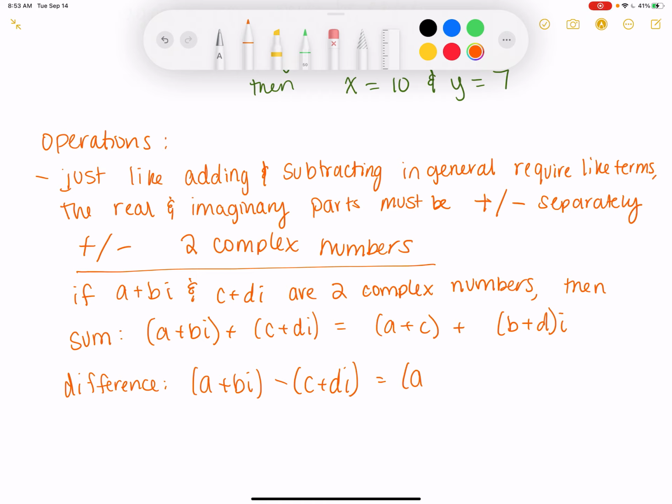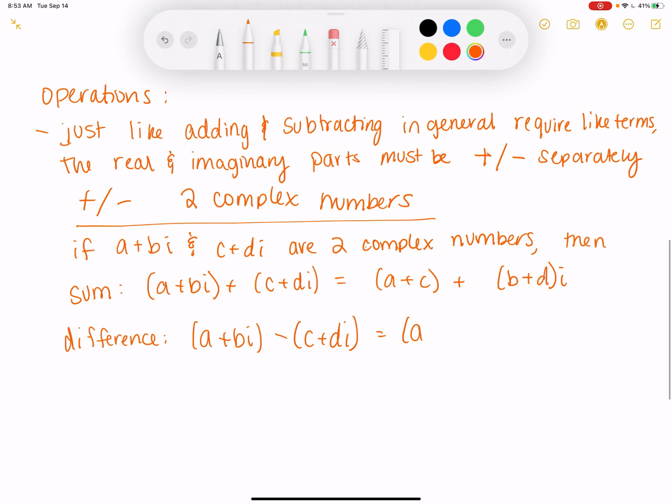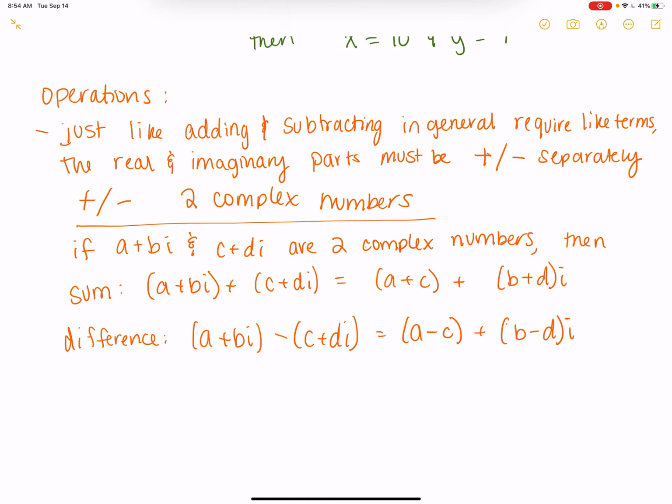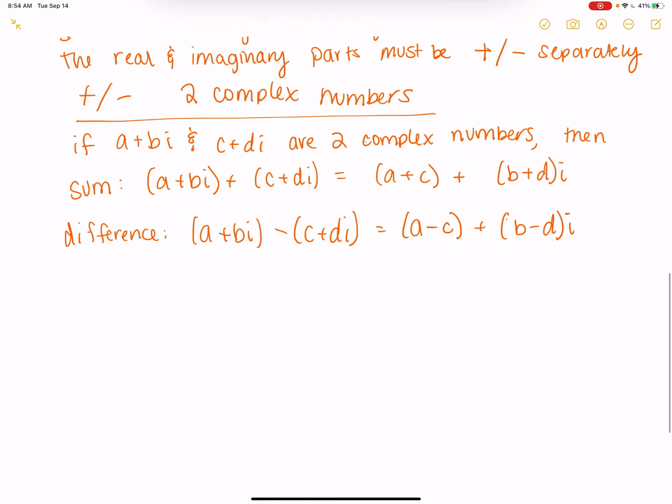I don't know why I have it written like that. So for the sum, you just put the i at the end, touching the imaginary part. So the i distributes, the i goes on the b and the d, because they'll be real numbers, right? Yeah, they'll be real numbers, but the i makes that the imaginary part. I literally wrote d so many times I had to scratch it out in both the sum and the difference in the same place.